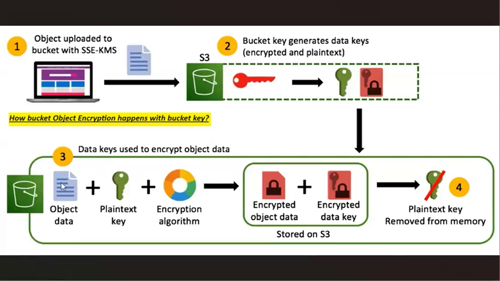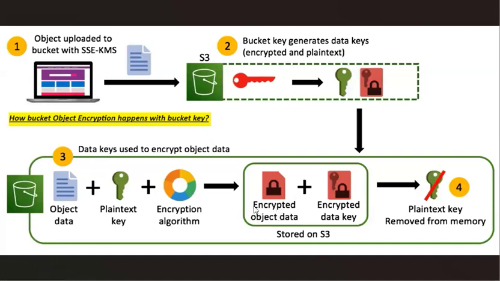that object will be encrypted with some algorithm by using this plain text data key. After the encryption happens using this plain text data key, this will create encrypted object data.